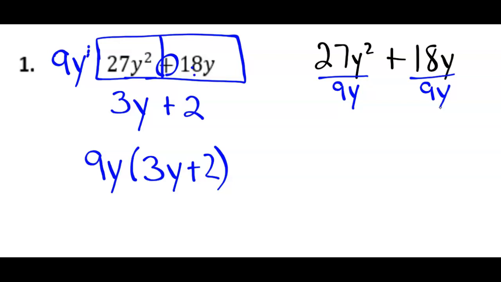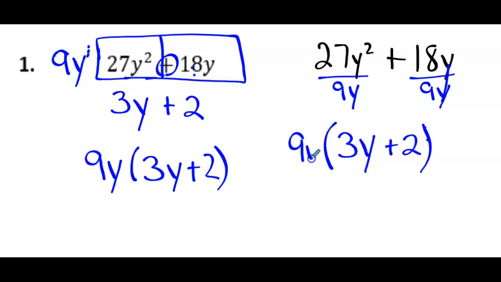So, 27 divided by 9 is 3. Y squared divided by y is y. 18 divided by 9 is 2, positive 2. My y's will cancel, so no y's. But, again, what did I divide this by?